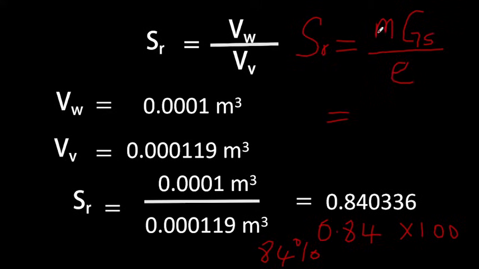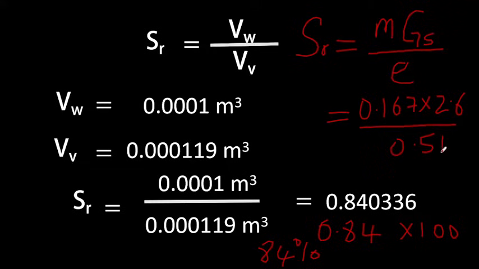So if we plug in the values into the formula, the moisture content from our previous calculation is 0.167 times the specific gravity from the equation, which is 2.6. The void ratio from our previous calculation is 0.515.